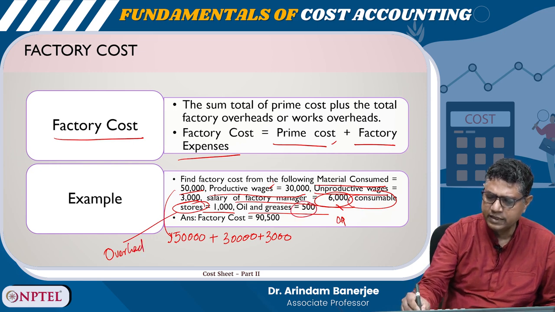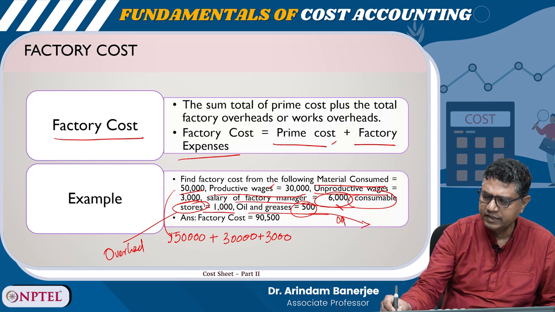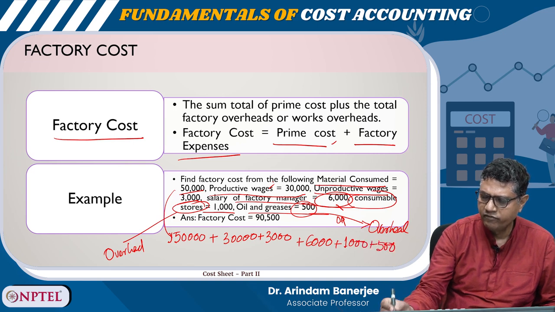Oil and grease is also an example of overhead. So, I can add 6,000 plus 1,000 plus 500.